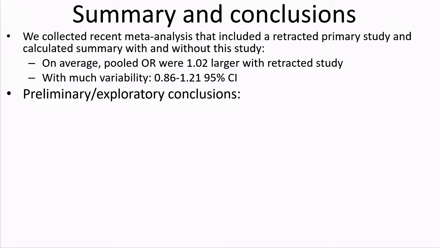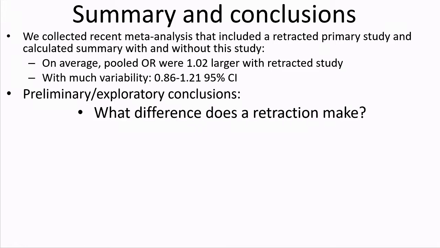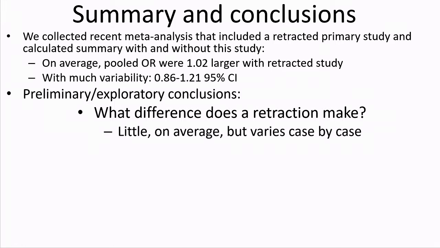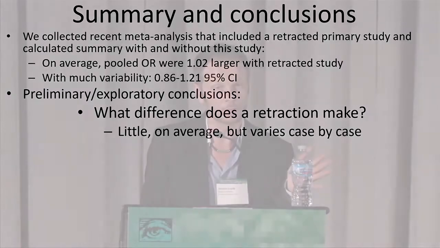And on a preliminary or exploratory level, we can nonetheless conclude something about the fundamental question: what difference does a retraction make? It is probably on average very little, but that's because, quite similarly to the estimation of the financial costs, this is going to vary on a case-by-case basis.